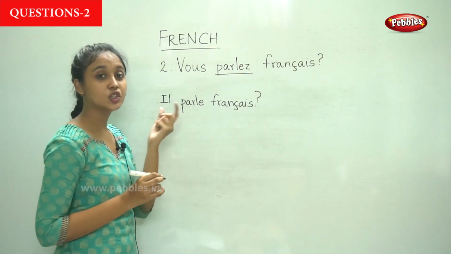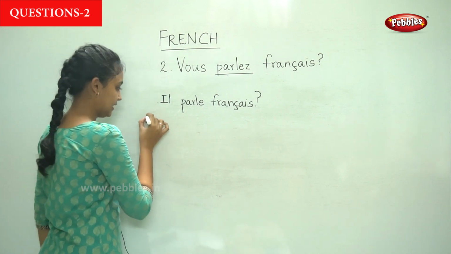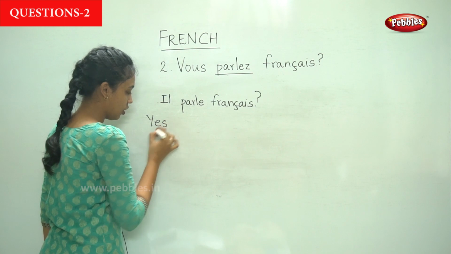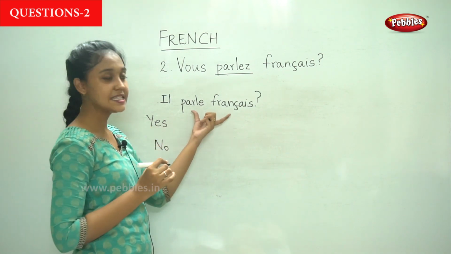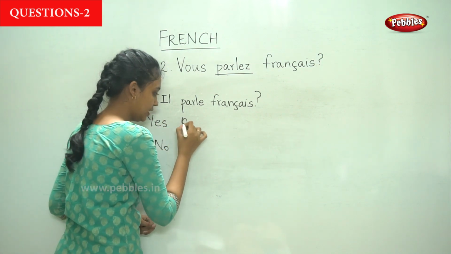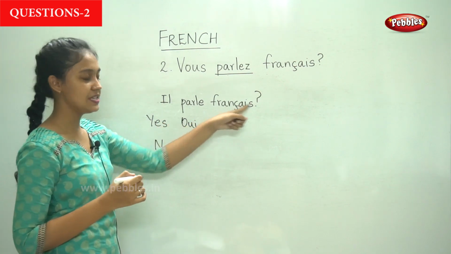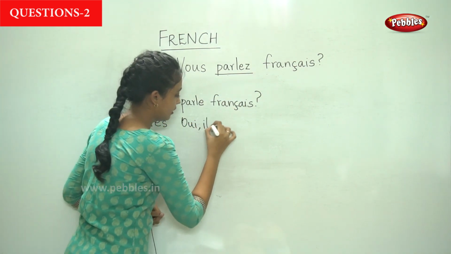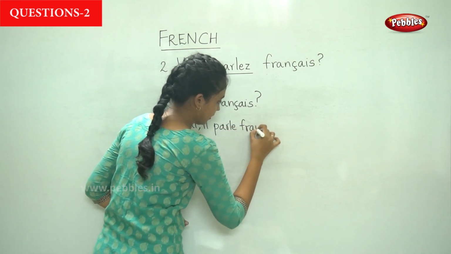What can be the two possible answers for this question? It can be either yes or no. If he speaks French, what would you say? You would say oui. Yes, he speaks French. Il parle français.